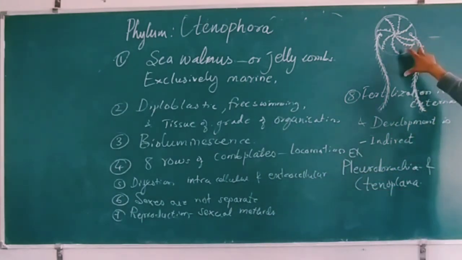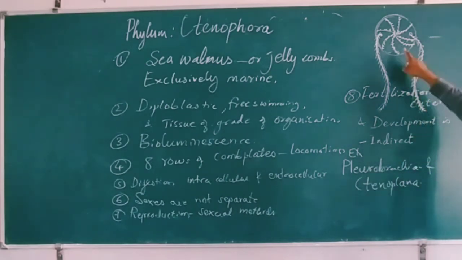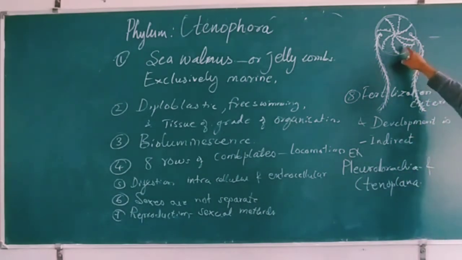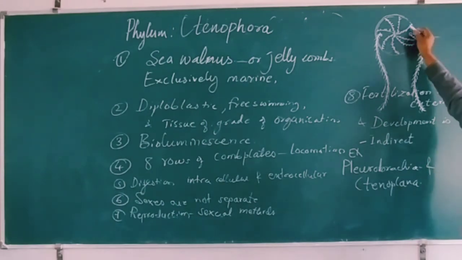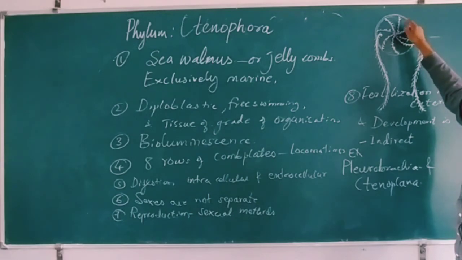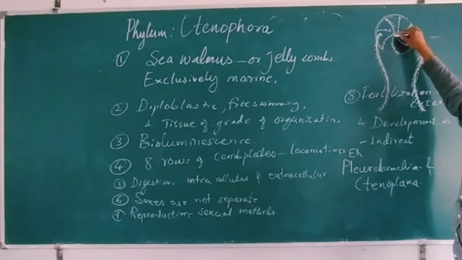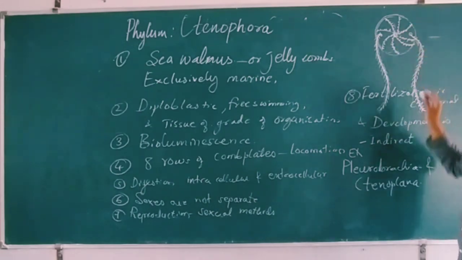So this is the structure of Pleurobrachia. The body is jelly-like and bears 8 rows of comb plates. So here is the mouth and these are the tentacles.